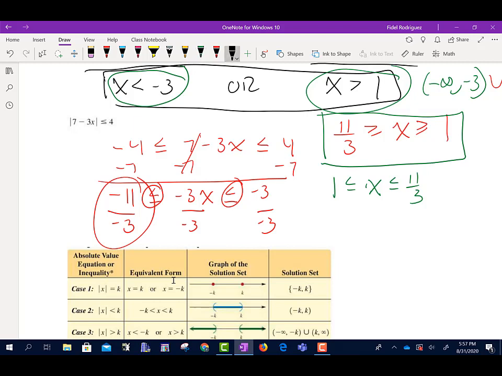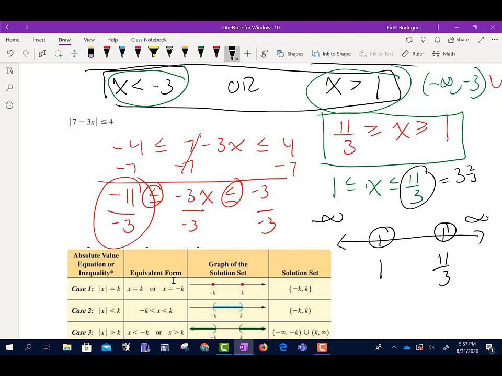The reason why I want to do that is when I draw my number line and I put my numbers down, 1 needs to come first because that's the order it appears on the number line, right? You say, how do I know that? Well, look, what's 11 divided by 3? 11 divided by 3 would be 3 2/3, right? And I know that 3 2/3 is bigger than 1.